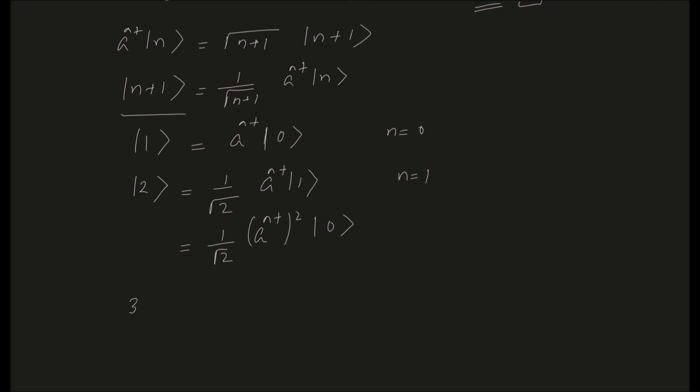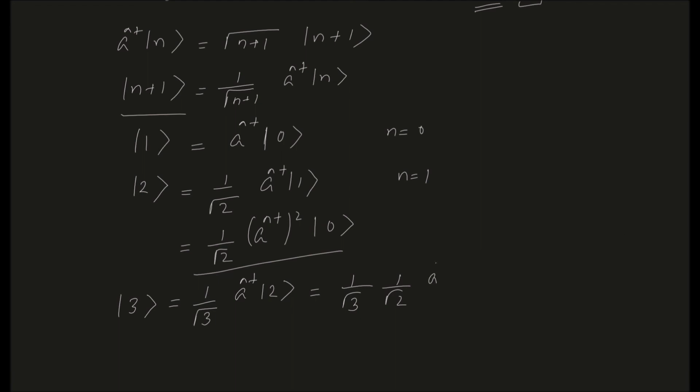Or if I want to generate the state 3, according to that expression, this is given by 1 by root 3, a dagger acting on 2. Now you can see that a dagger on 2 is given by this expression, which will give me 1 by root 2.